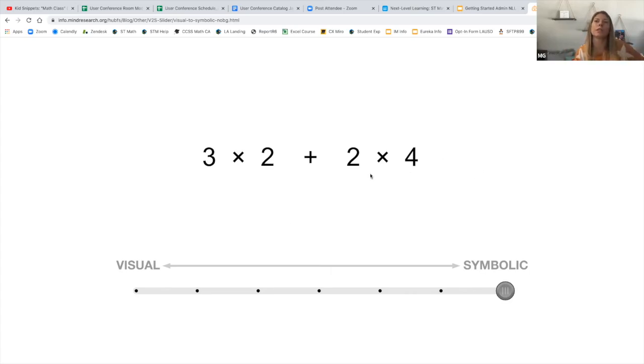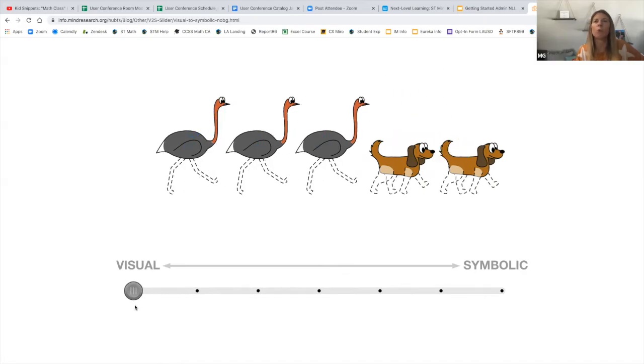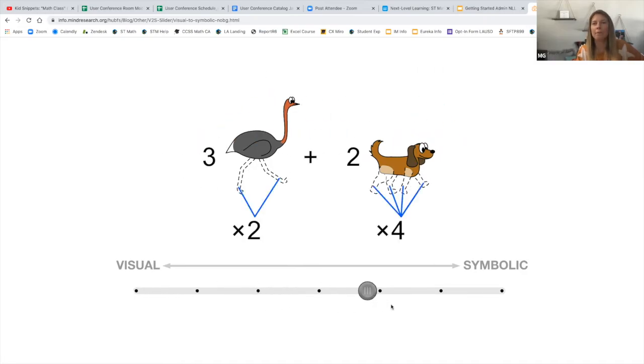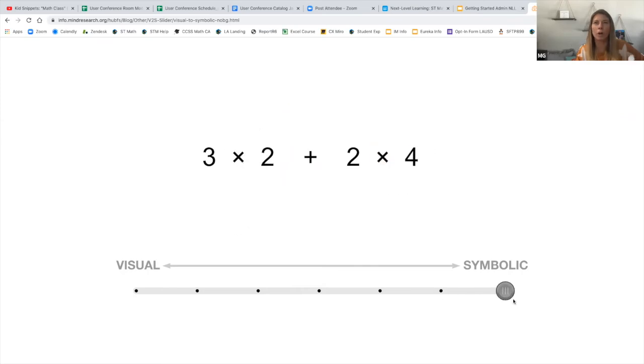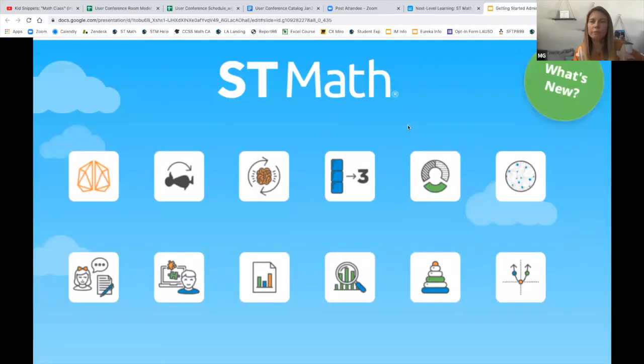But a lot of students see this particular math problem and they would solve it in different ways. But a student who's gone through ST Math and has learned visually what the math actually represents will never make that same mistake because they know how important it is to solve in that correct order, because they know what the math actually represents.